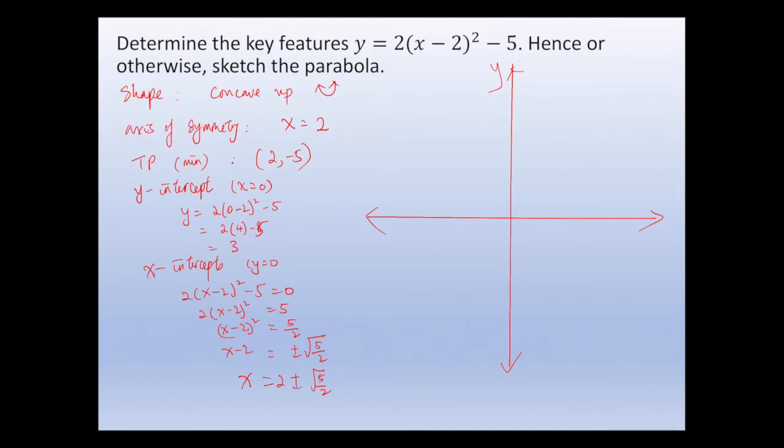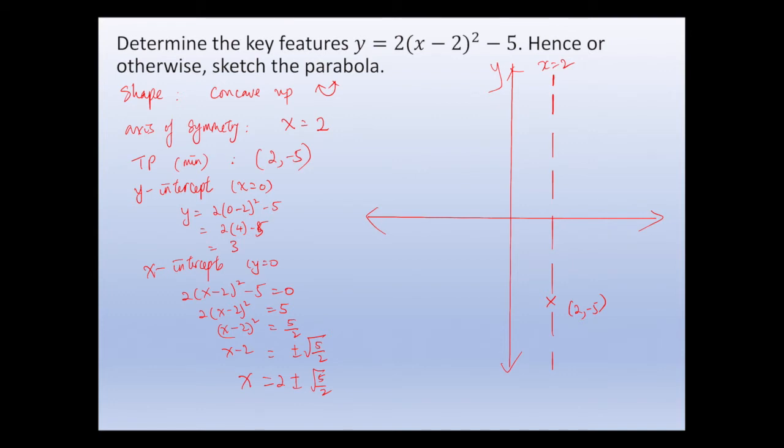Alright, you know that the axis of symmetry is x equals 2, so that's somewhere around here. Turning point is (2, minus 5), a minimum. So let's call it this point, (2, minus 5).